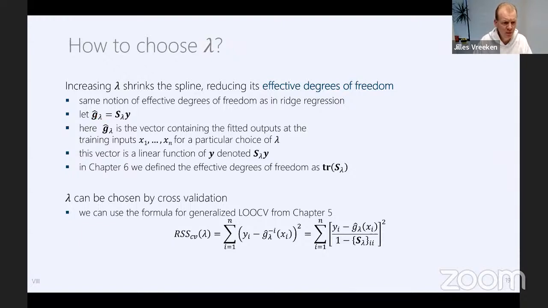We have the output value that we want, that is y, and we have our spline, again according to lambda. So effectively, our function g is reduced to just a vector of the fitted outputs, and that is for a particular choice of lambda.